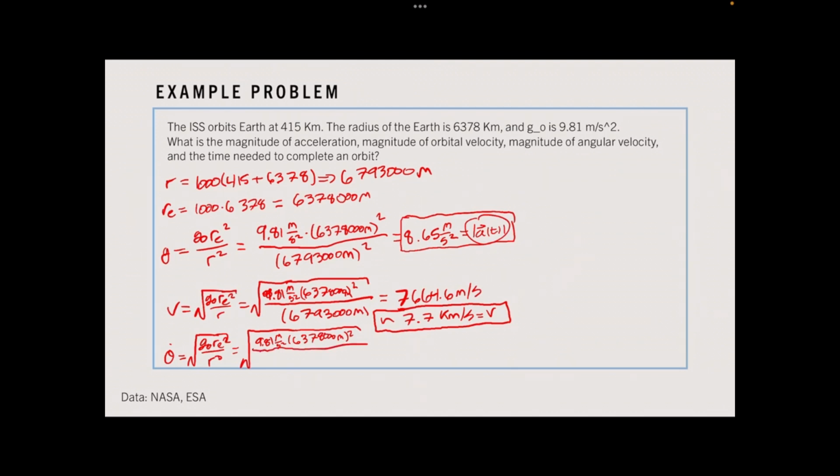And then we divide all this by our orbital radius cubed, 6793000 cubed.